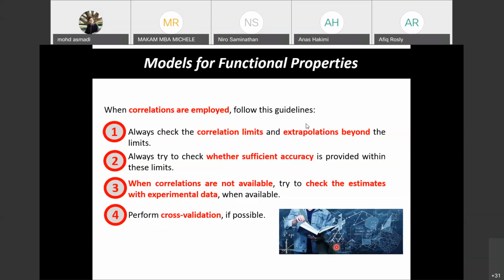What is the condition? In liquid as well as vapor. So you have to remember that. How do you predict the activity coefficient? You do the prediction with Wilson, Van Laar, something like that. I hope you can still remember.